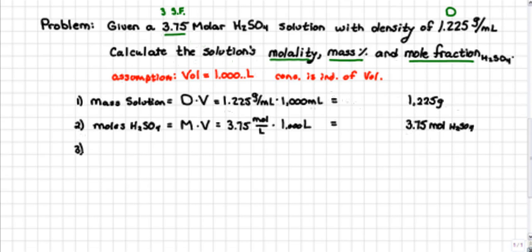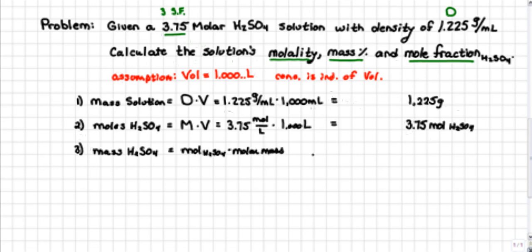Step number 3. We're going to calculate the mass of the sulfuric acid. This is going to require that we know something in advance. To calculate the mass of the sulfuric acid, we need to take the moles of the sulfuric acid and multiply by the molar mass of sulfuric acid.